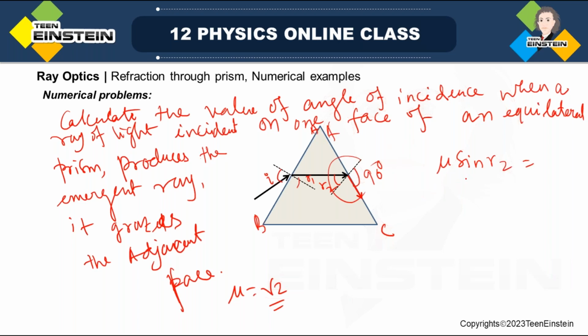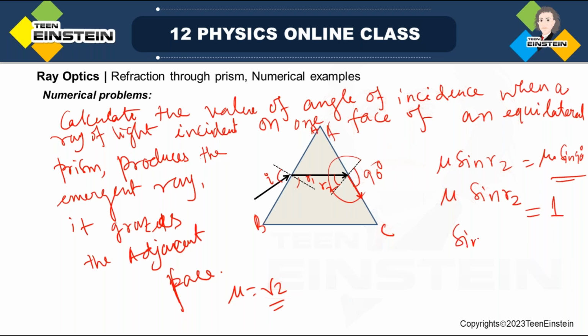Mu sine R2 equals mu of air into sine 90 degrees. Mu of air is 1, sine 90 degrees is 1.